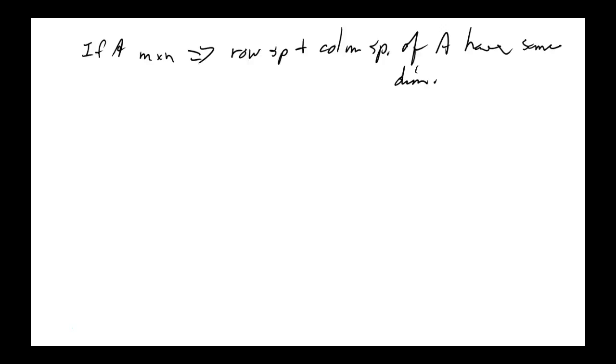Using that basis, you can now write the row vectors of A as linear combinations of those R vectors of B, and every one of them can be written as a linear combination.